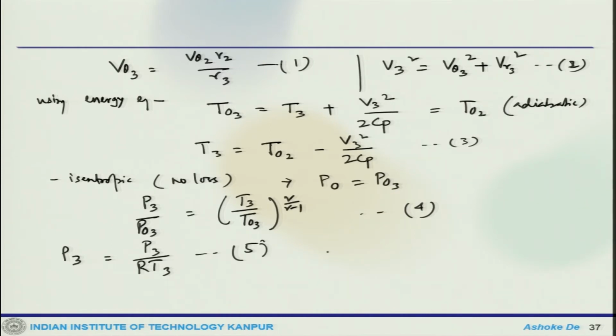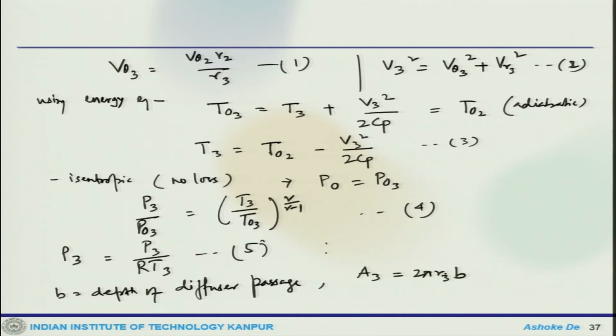Now, B is the depth of the diffuser passage. So, what will happen? A 3 equals 2 pi R 3 B, and mass flow rate would be rho 3 A 3 V R 3.